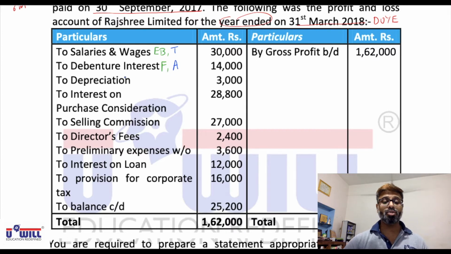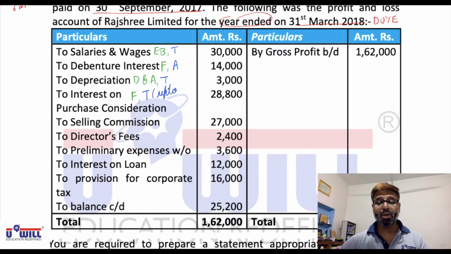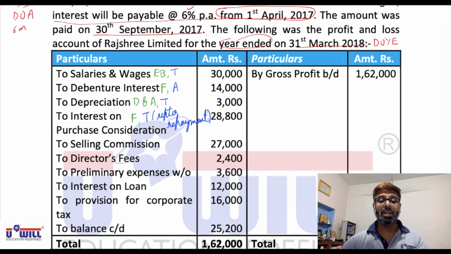Debentures are issued by the company only after the company is formed. Depreciation and amortization, time basis. Interest on purchase consideration, finance cost, time basis, but up to the date of repayment, which is 30th September, as we have seen here.